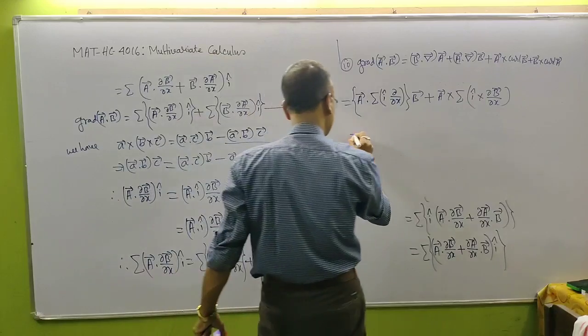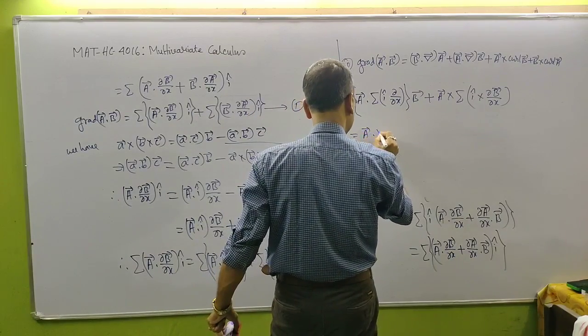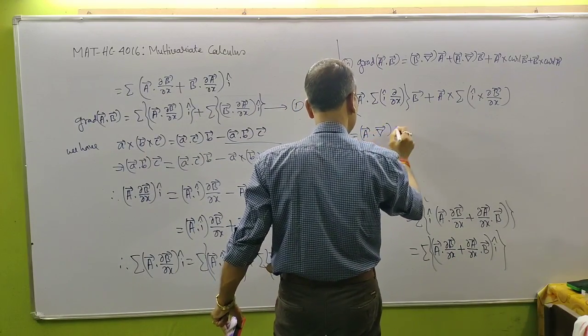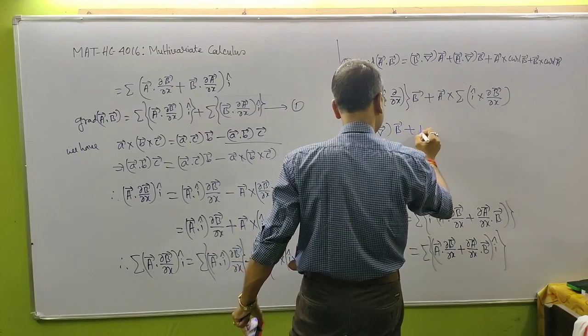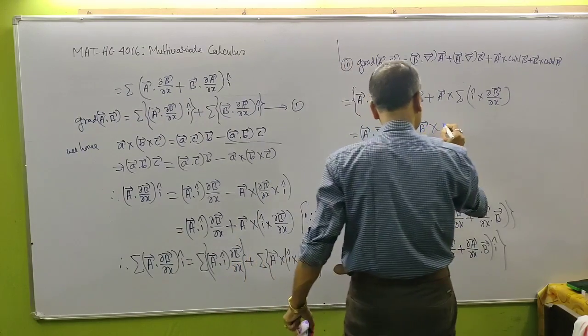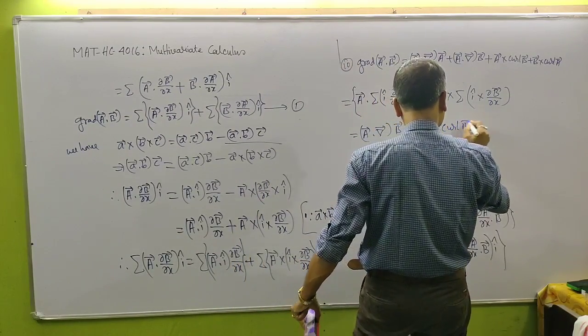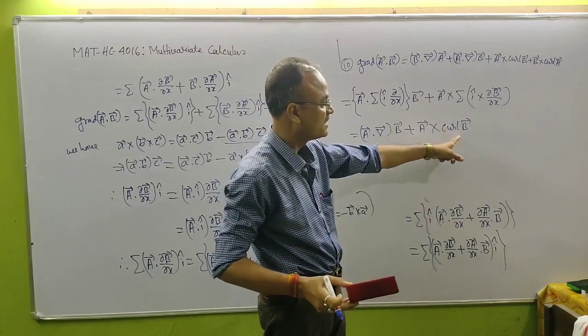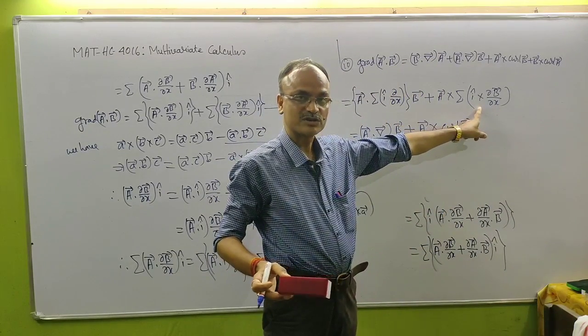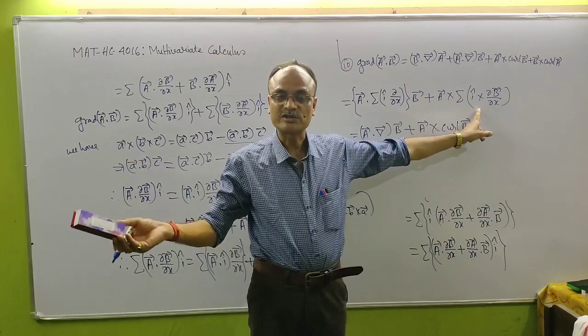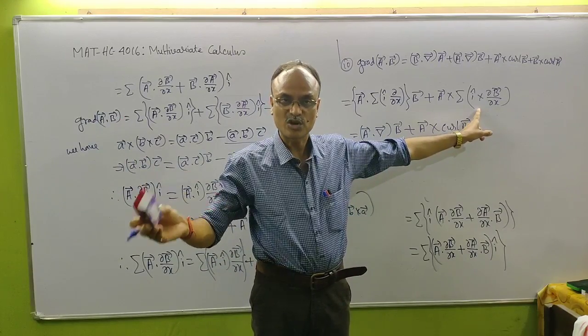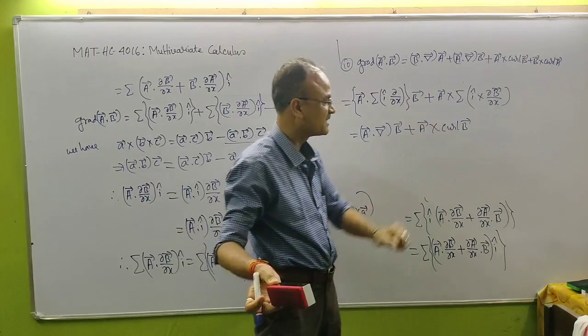This is equal to A dot nabla B plus A cross, it is nothing but curl of B vector by the definition of curl of B vector: i cap cross del B by del x plus j cap cross del B by del y plus k cap cross del B by del z.